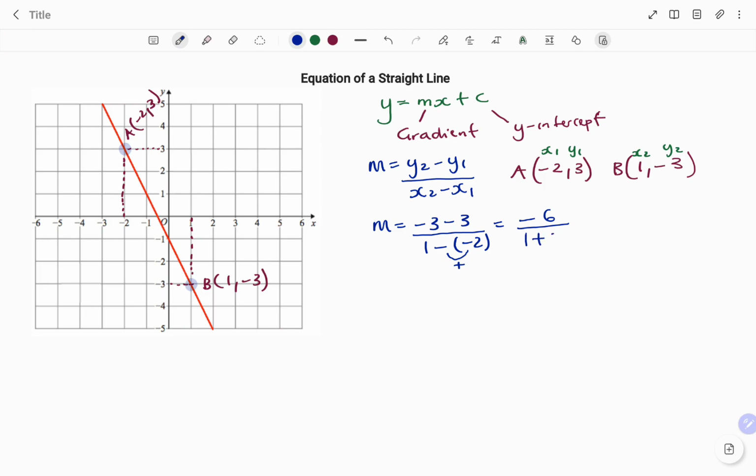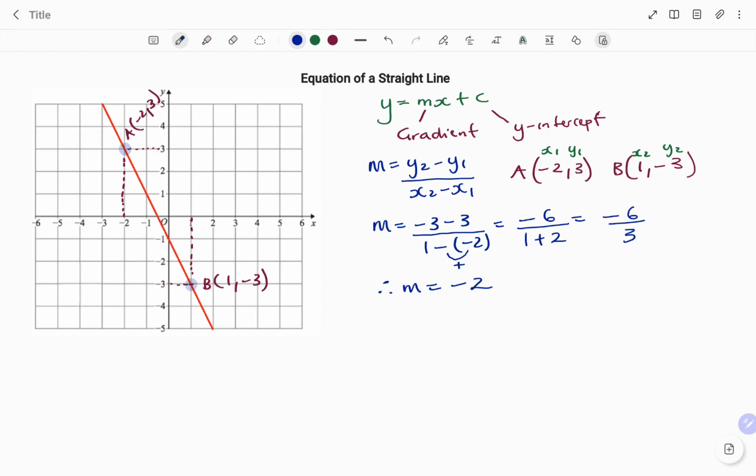So I have 1 plus 2 at the bottom. So 1 plus 2 will give me 3. Therefore, my gradient m equals -6 divided by 3. That's -2. And you can see it's a negative slope.